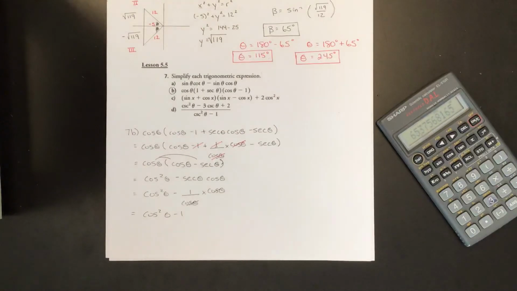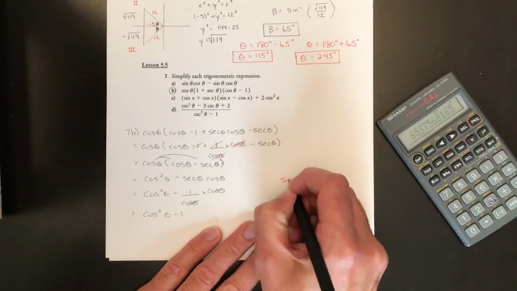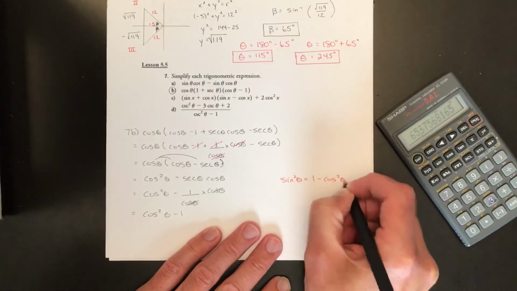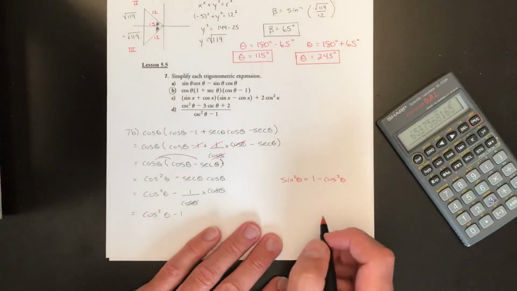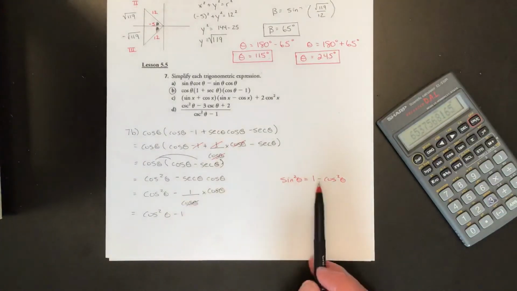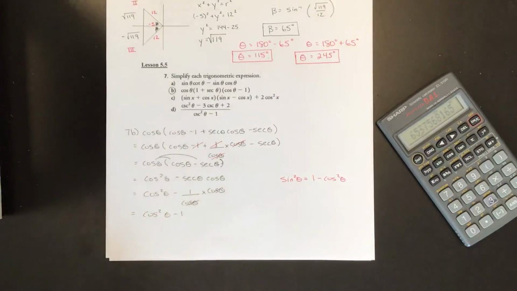Now, if you remember in the note, the Pythagorean identity, sine squared plus cos squared is equal to 1. If I rearrange that, I get sine squared equal to 1 minus cos squared, right? The problem is that these are not the same. Cos squared minus 1 and 1 minus cos squared are very similar, but not the same because the signs are opposite.